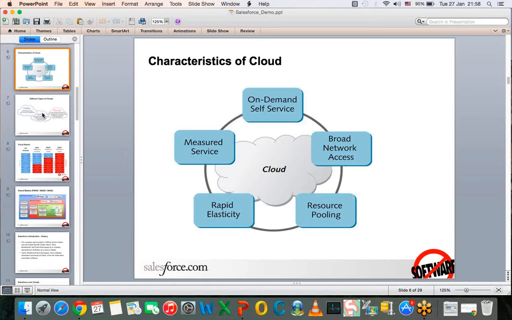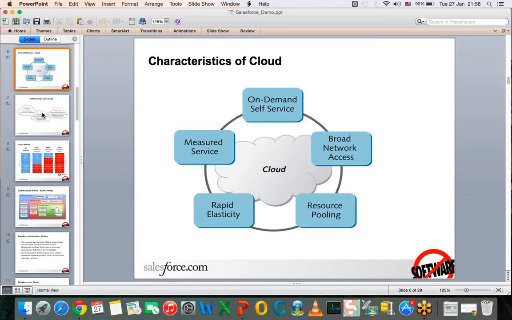And when it comes to the last characteristic, that is measured service. Without measuring this whole thing, how would a person be able to bill? For example, I am the vendor and I would like to bill you. How would I measure the service?